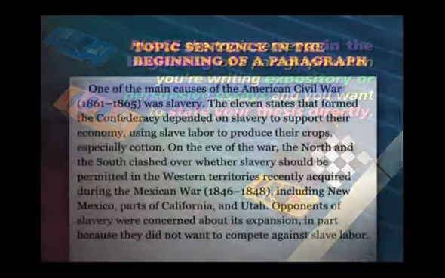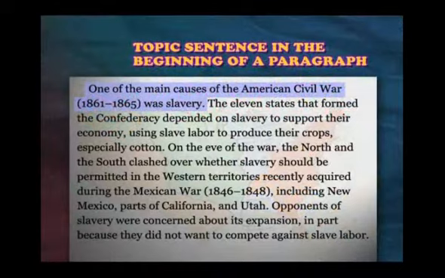Here's another one. One of the main causes of the American Civil War, 1861 to 1865, was slavery. The 11 states that formed the Confederacy depended on slavery to support their economy, using slave labor to produce their crops, especially cotton.